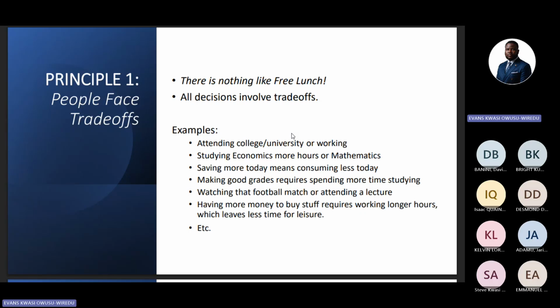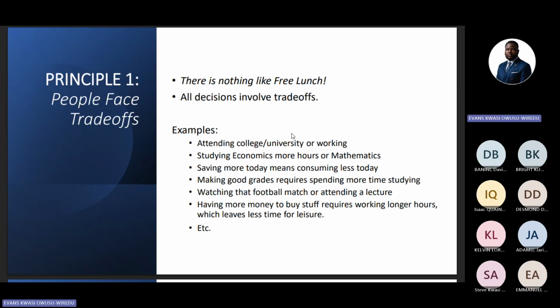Because here in Ghana, we normally say life is how you make it. But economics would add that life is what you give up to get what you want.